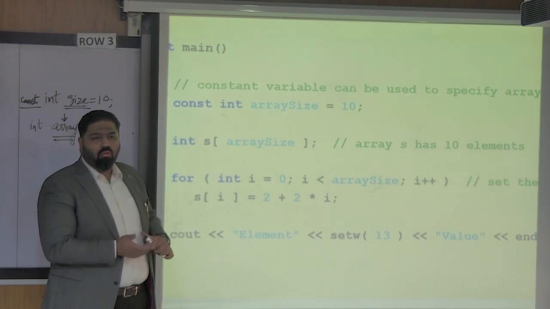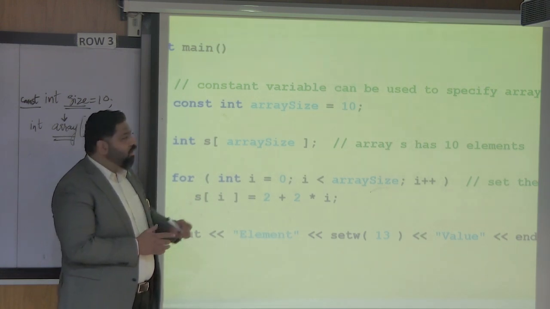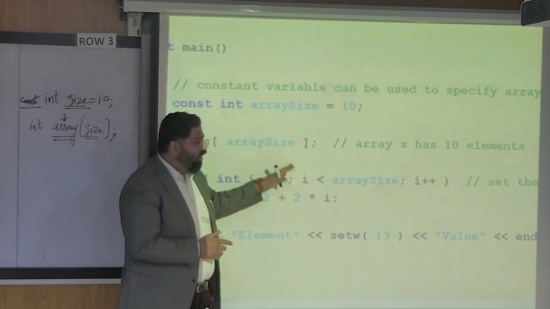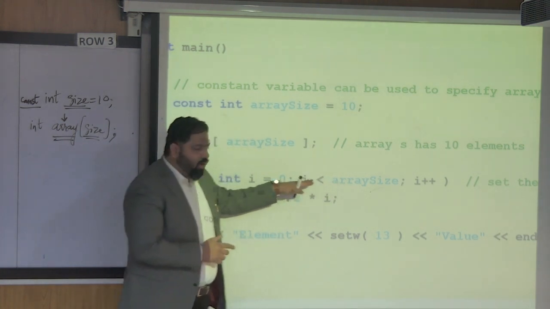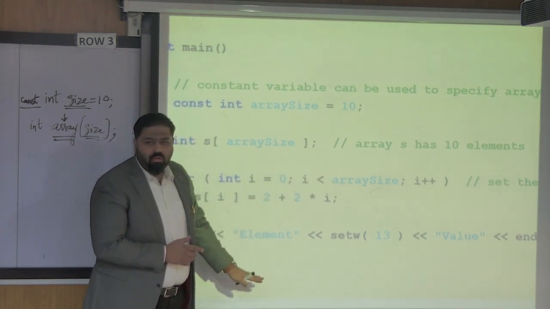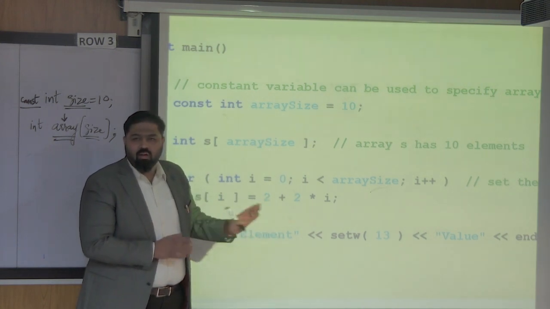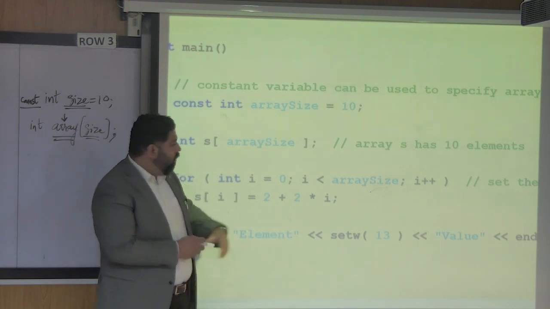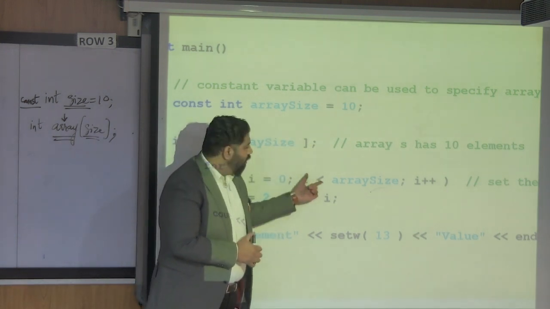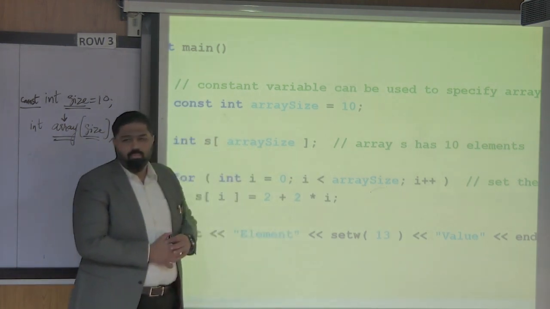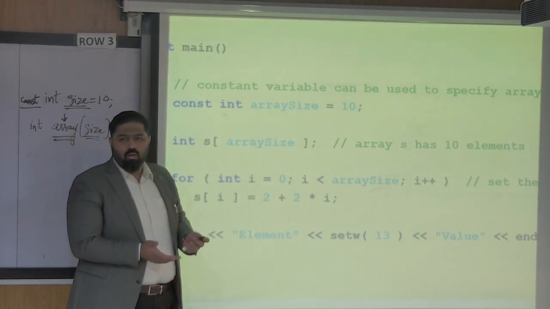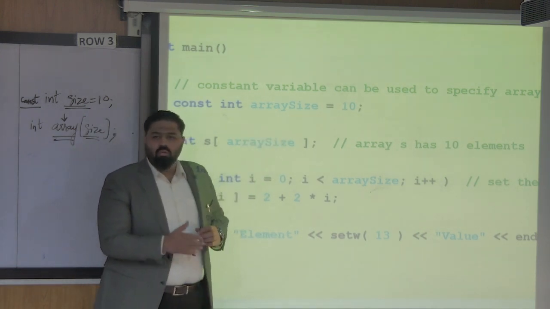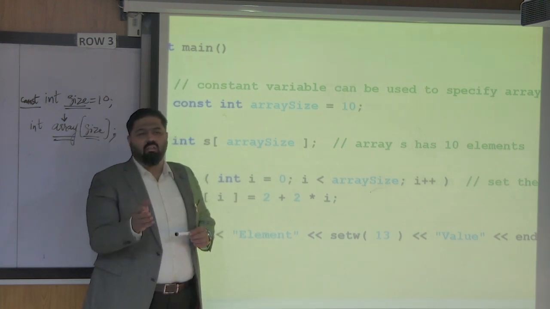An advantage is this: what if you are not utilizing a variable to declare the size? You write less than 10 and you implement 10 loops afterwards. In each loop you write I is less than 10, isn't it? If you have a program with 10 loops, you will have to write less than 10 in every loop. Suppose you made a program for a class with strength 50, and now you change it for another class with strength 46.